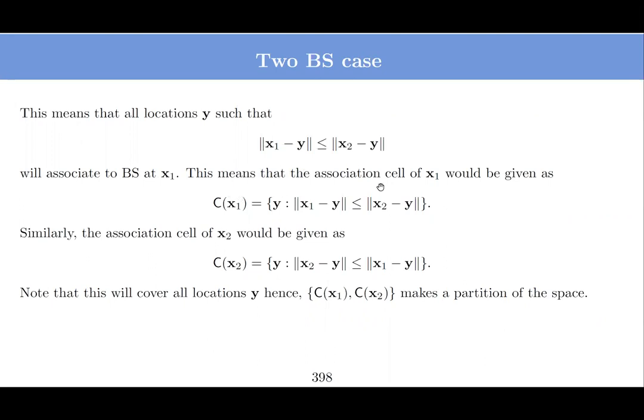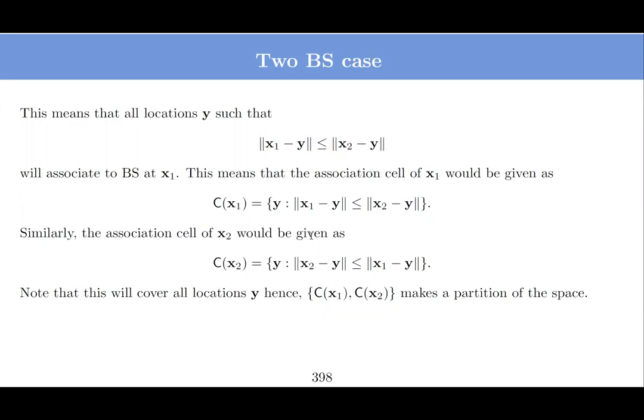So the association cell of x1 is made from all the points for which x1 is closer than x2. Right. Similarly, for x2, the association cell will be made from all the points for which x2 is closer than x1. And this is a partitioning, because if you look at y, either x1 will be closer or x2 will be closer, right?